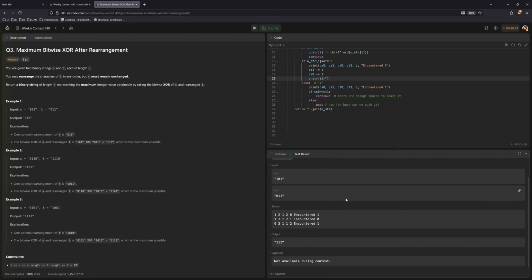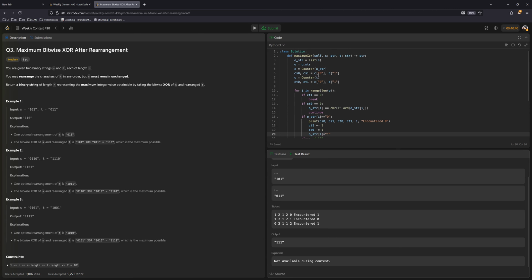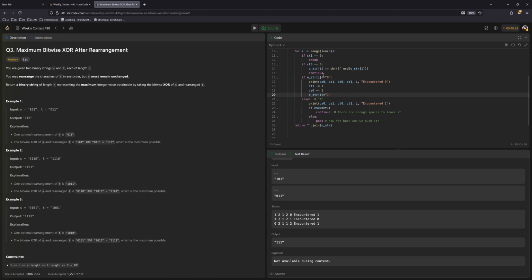All right. Now it's 1, 1, 1. That is not correct either. Because CT of 1, CS and CT are both 1, right?